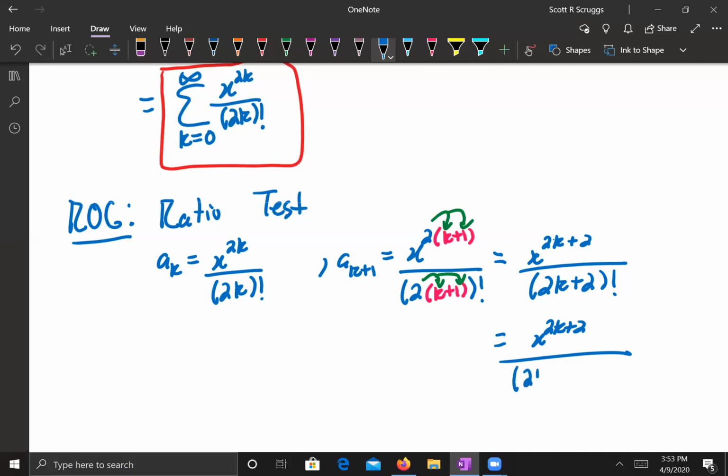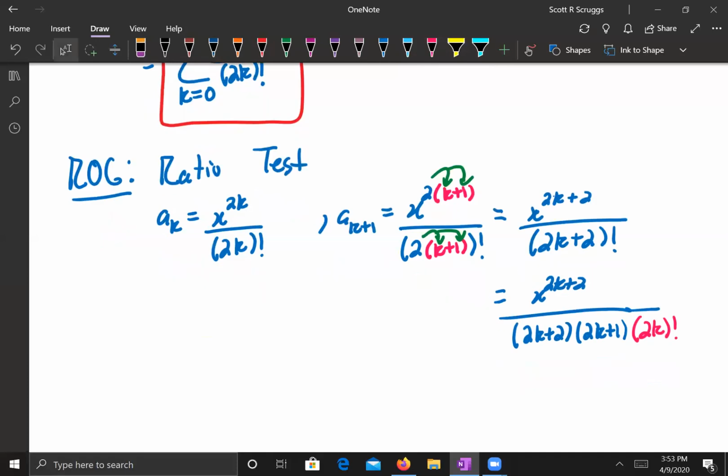So I'm going to rewrite that as 2k plus 2 times 2k plus 1, and then I'm going to leave behind a 2k factorial there. I'm leaving it as 2k factorial on purpose so that when I do the step on the ratio test where I take the limit, it cancels out with that 2k factorial.